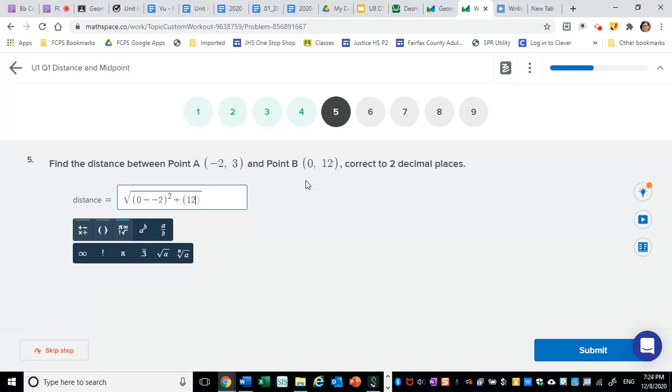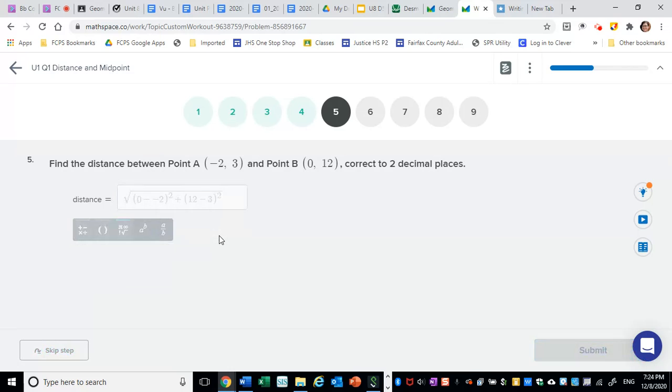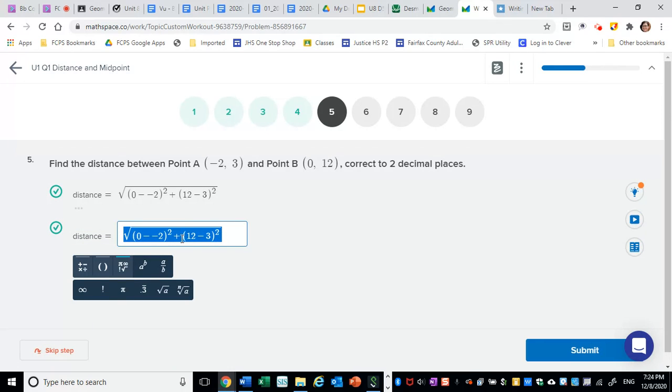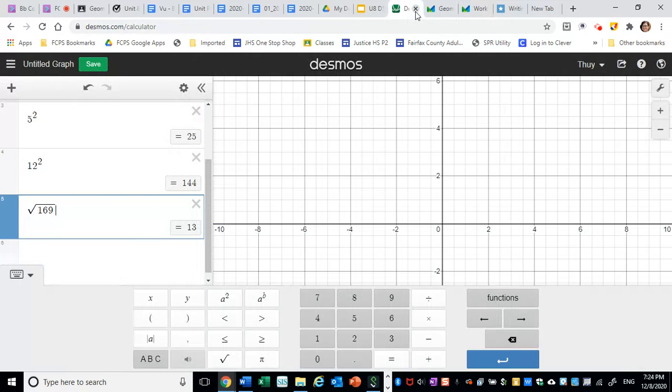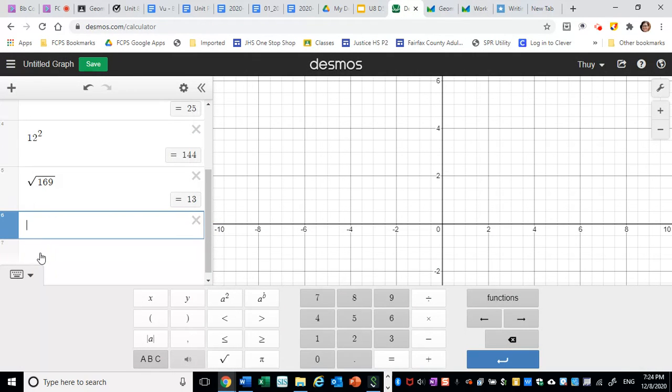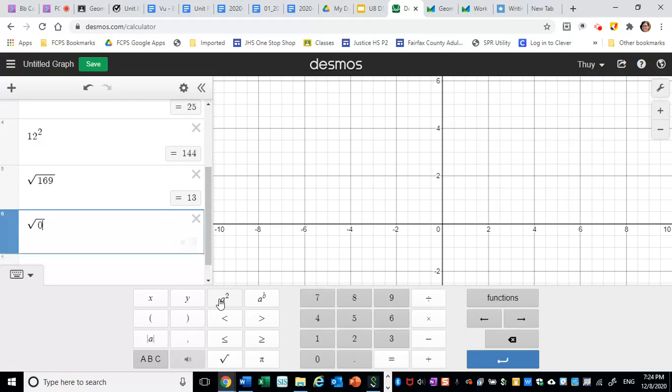Y1, which is 12, minus y2 is 3, right? And then you need to square it up.